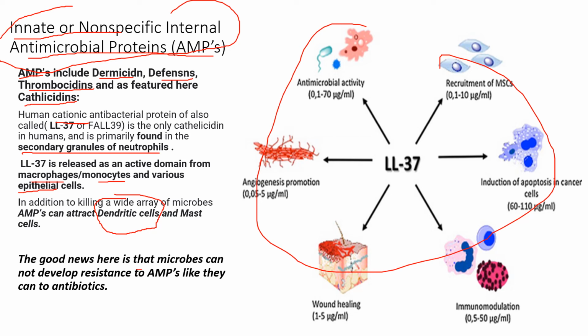So the good news here about these proteins we're talking about, the defensins, the thrombocidins, is that microbes cannot develop a resistance to them. So you want these natural chemicals in your body, which your body produces. And so these are proteins. Now, what is a protein made up of? Proteins are made up of amino acids. And here's another example as to where I always talk about the 8 essential amino acids being important for your body to function well.